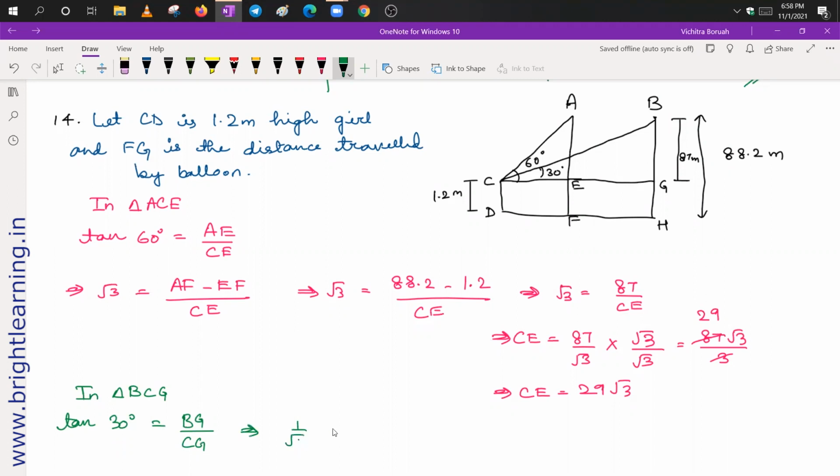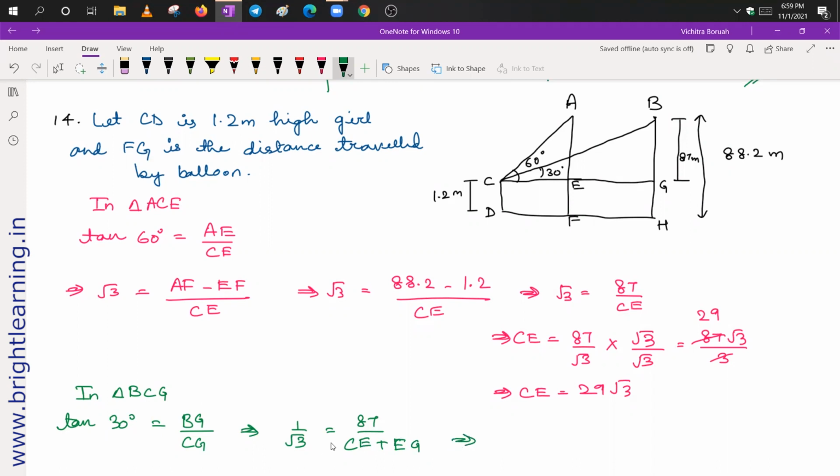Next, BG here is 87 upon CG. Now we have to find CG. So in place of CG, I can write CE plus EG.